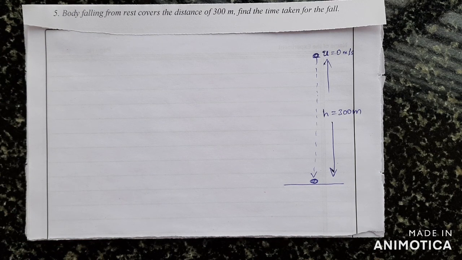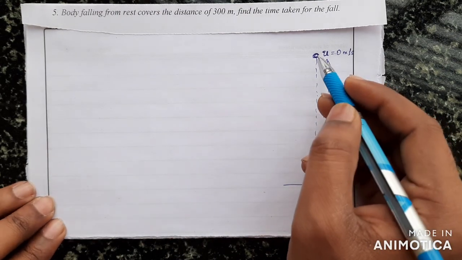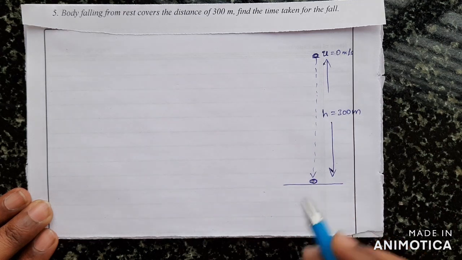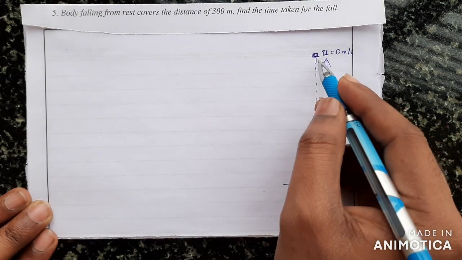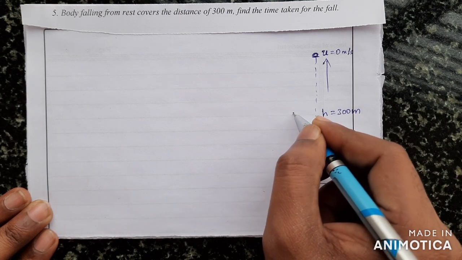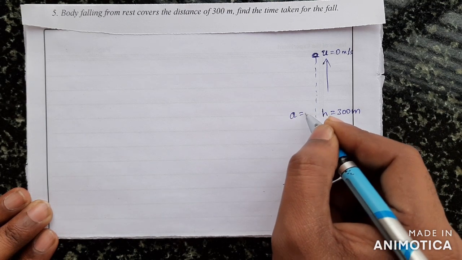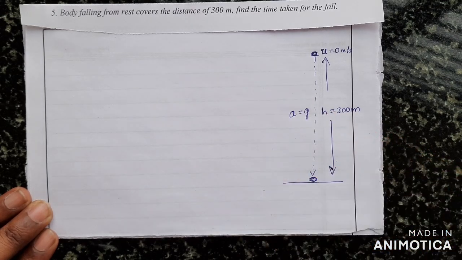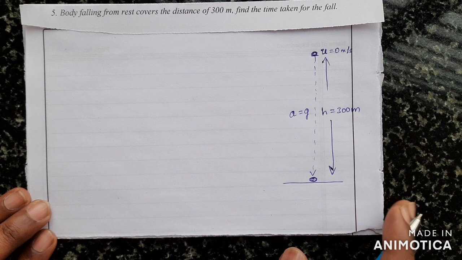We need to calculate the time taken for the fall, which means the time taken by the body to fall from this point to this point. And look at one more thing: when it falls down, it experiences an acceleration equal to the acceleration due to gravity g, right?